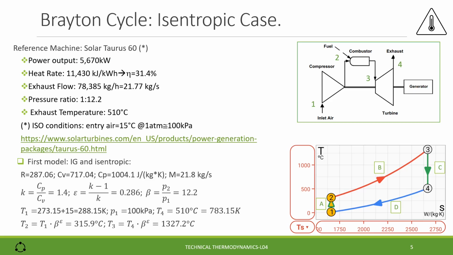We calculate T2 using the formula of the isentropic transformations. It is T1 times beta to the power epsilon and gives 315.9 Celsius. In the same way, we calculate T3: 1327.2 Celsius. The chart is in the diagram aside.